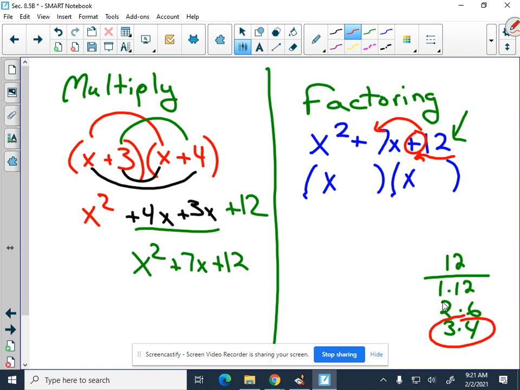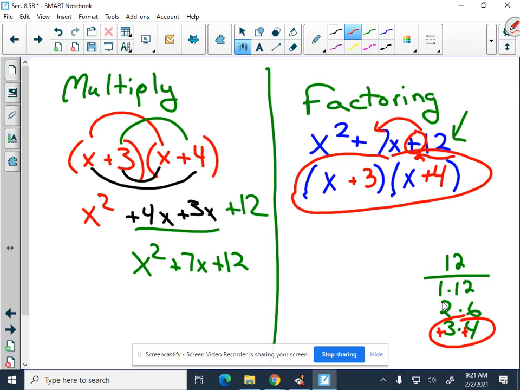And if they add, they're always the same. So if that one's positive and that one's positive, they would add up to 7. So I'm going to go plus 3 plus 4. You might say, what if I went plus 4 plus 3? Same thing. It's fine. But that ends up being the factored answer. And notice we just got back to the original thing that we had before.